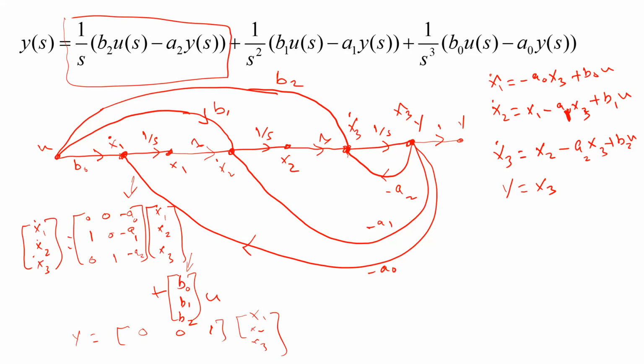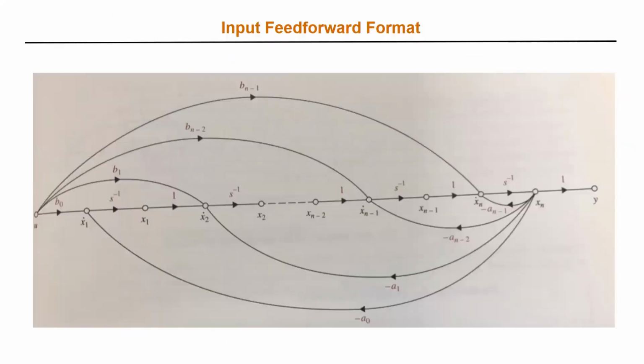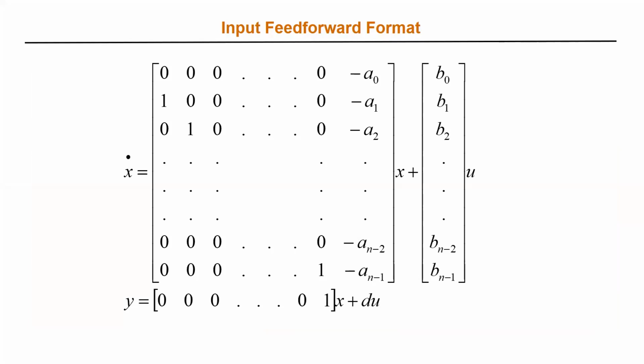Okay, thank you. Another important point. This was third order. For nth order, this is your signal flow graph. It is exactly the same, and this is basically the nth order realization.